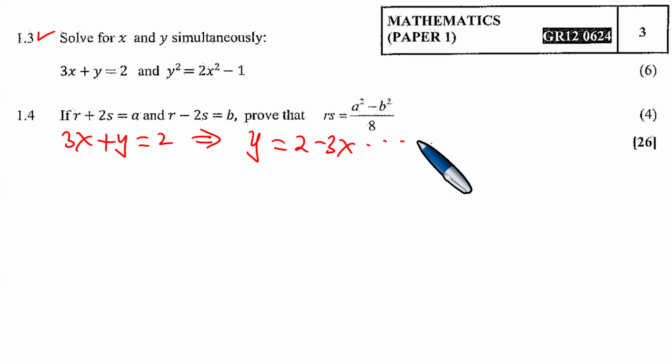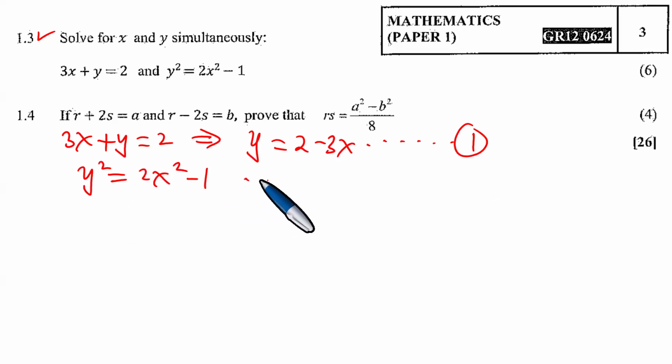And this becomes the first equation. And then we have y squared equals 2x squared minus 1, and this becomes the second equation.